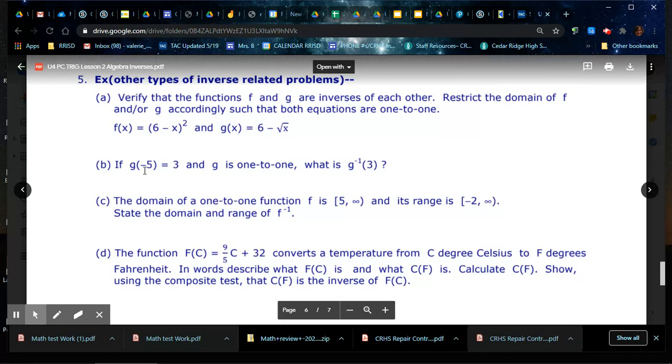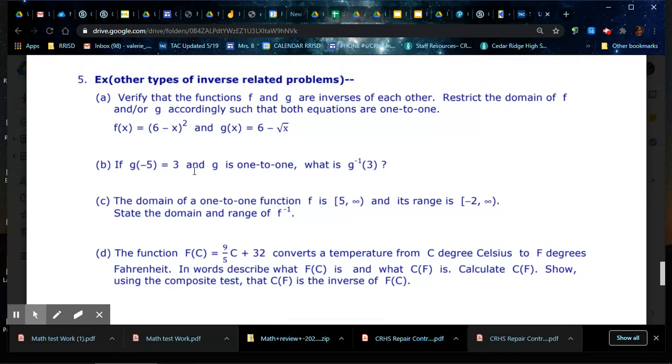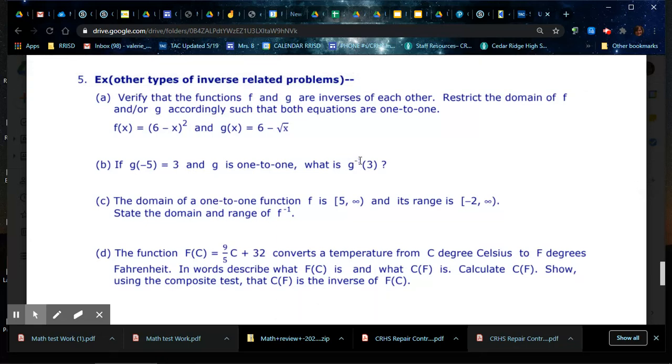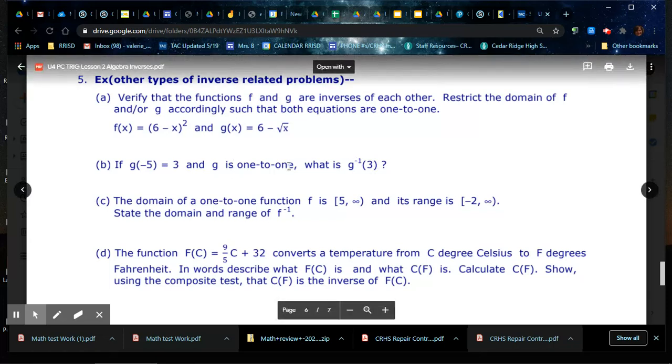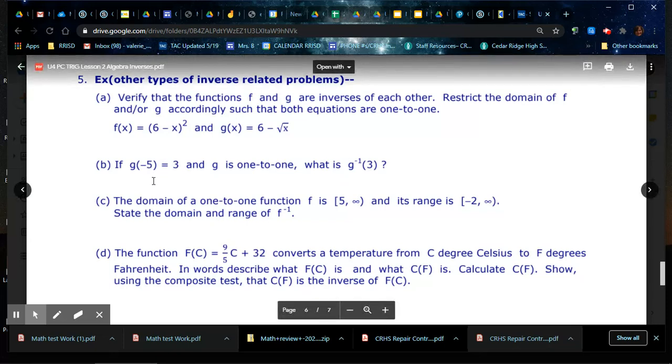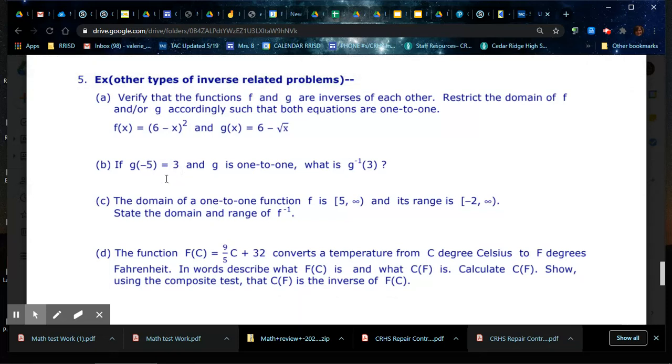How about this? g of -5 is 3. How would you know what g inverse of 3 is? That's not an exponent. Well, they're telling you g is one-to-one, so you know that there could be a possible inverse here, right? Well, guess what happens? The x and the y coordinates switch with the inverse.